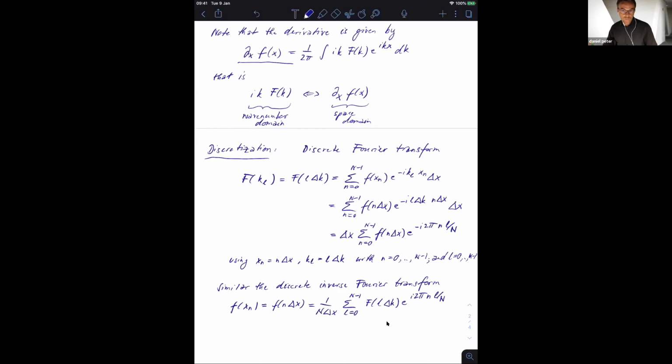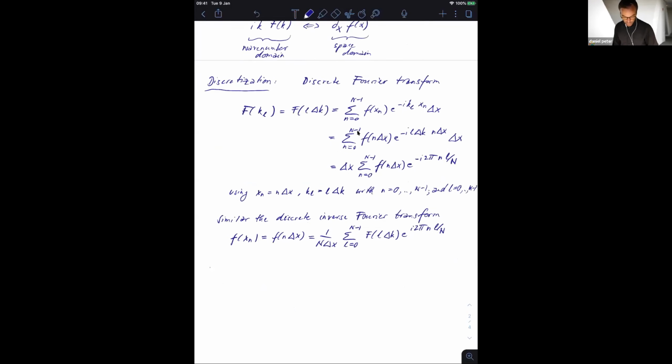So what would be the derivative now? Putting this together, we can find the derivative of our function evaluated at grid point x_n, which is n times delta x, becomes then the inverse Fourier transform of the wave number function multiplied with ik.